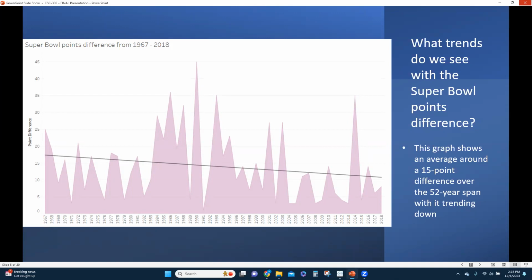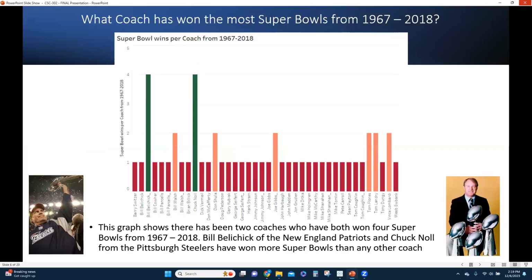It tells me that the matchups between the two best teams in the NFL meeting for the Super Bowl are definitely a little bit tougher with each other, and the talent is definitely getting really competitive. So pretty interesting to see that.